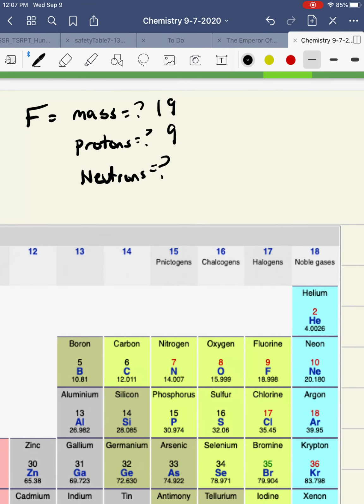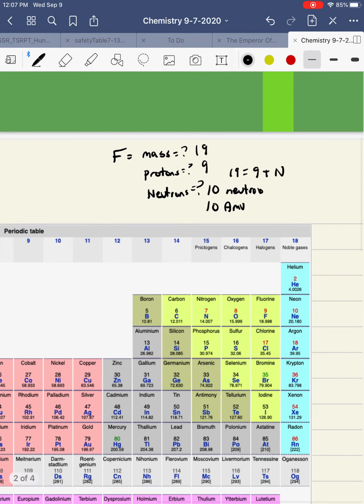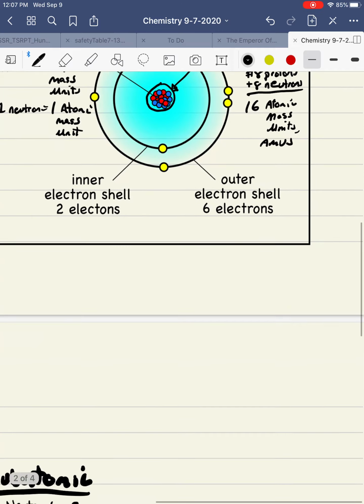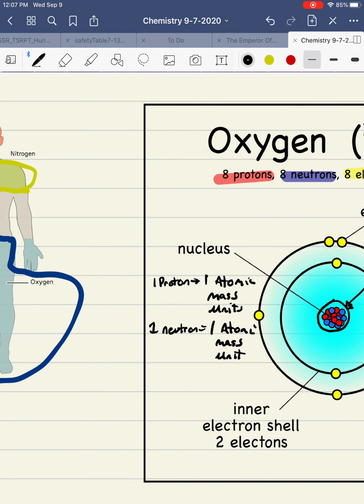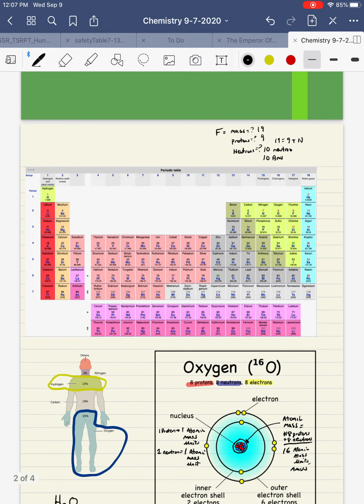So we said that the mass is equal to protons plus neutrons. 19 is equal to 9 protons plus number of neutrons, and if I solve for the number of neutrons, I get 10 neutrons, which happen to weigh 10 AMUs, right? Because we said before, 1 neutron has 1 atomic mass unit.